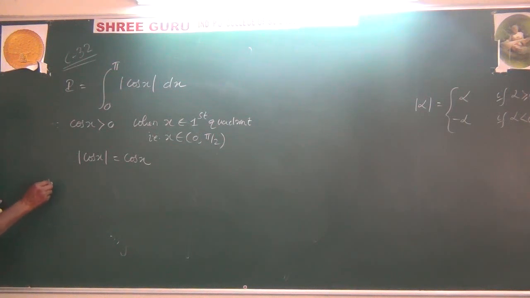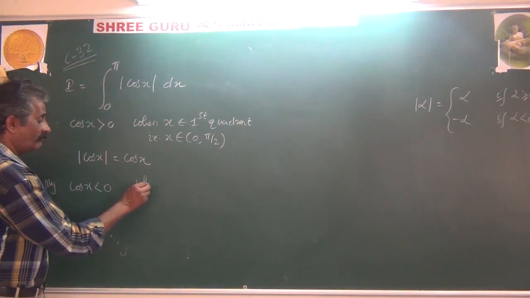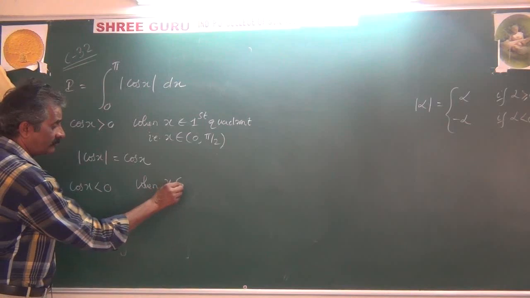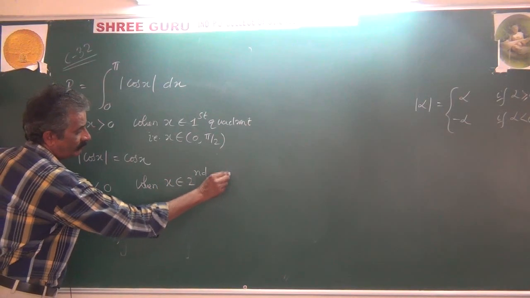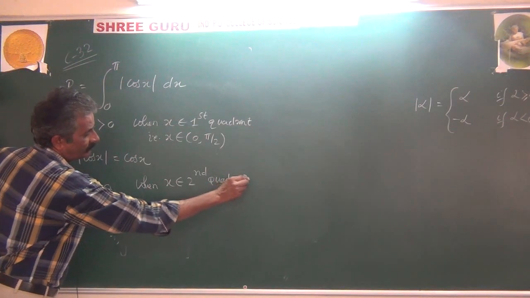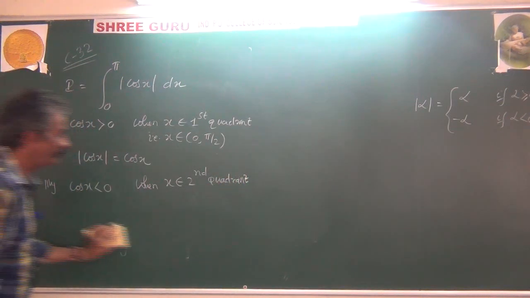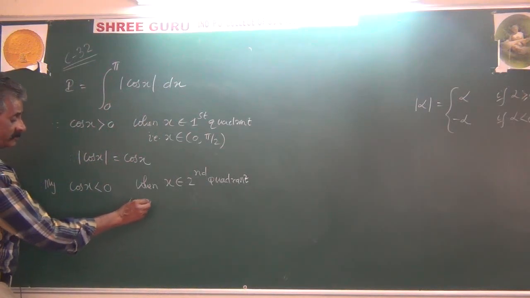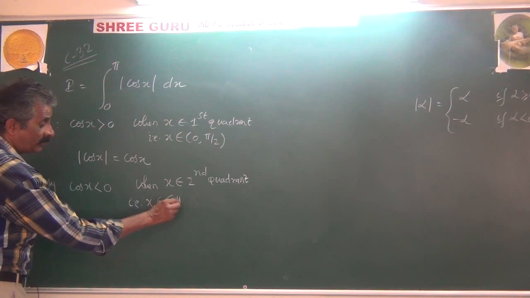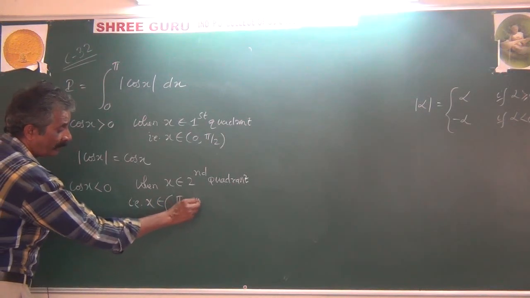Next, similarly, cos x is negative. Cos x negative, which quadrant? Second quadrant, when x belongs to second quadrant, or that is, x belongs to pi by 2 to pi.